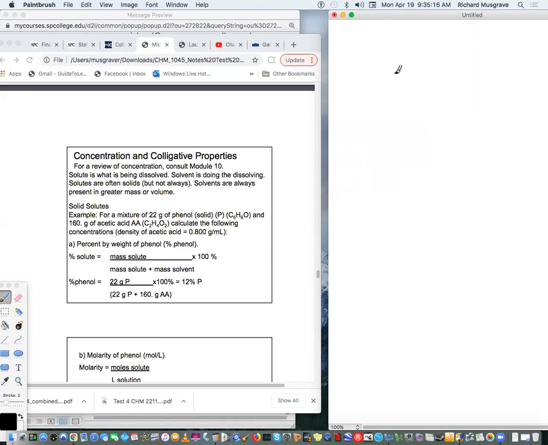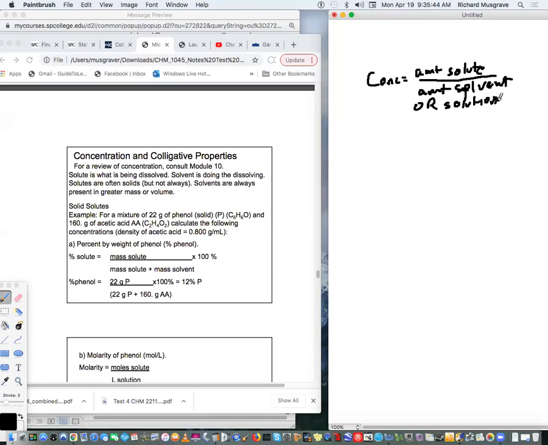It's an amount of solute, specifically in an amount of solvent or solution.